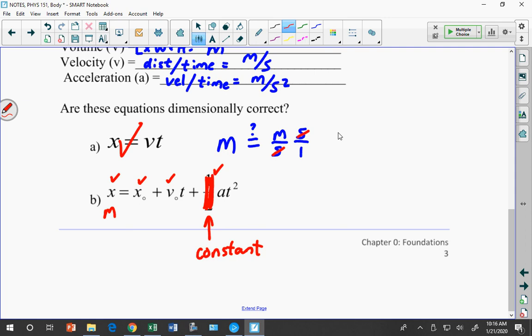The other thing is I've used a new symbol here, this 0. What this means, if I were to write it out longhand, is x at t equals 0 seconds. So that is the initial position.